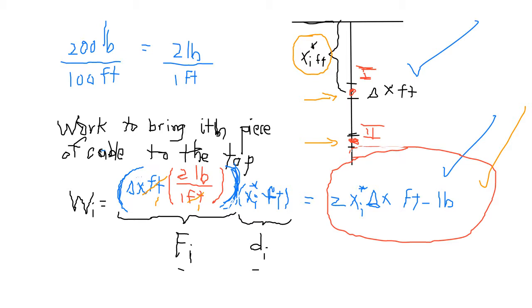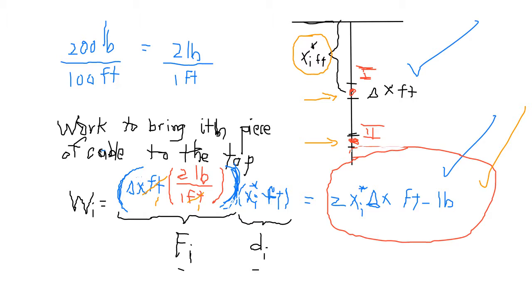I guess that's why I'm asking the difference between delta x and x sub i. X sub i is the distance that the ith piece of cable is from the top of the building, and delta x is the width of your ith piece of cable. That's what those mean. Oh, okay. Thank you. Okay, all right, you're welcome.